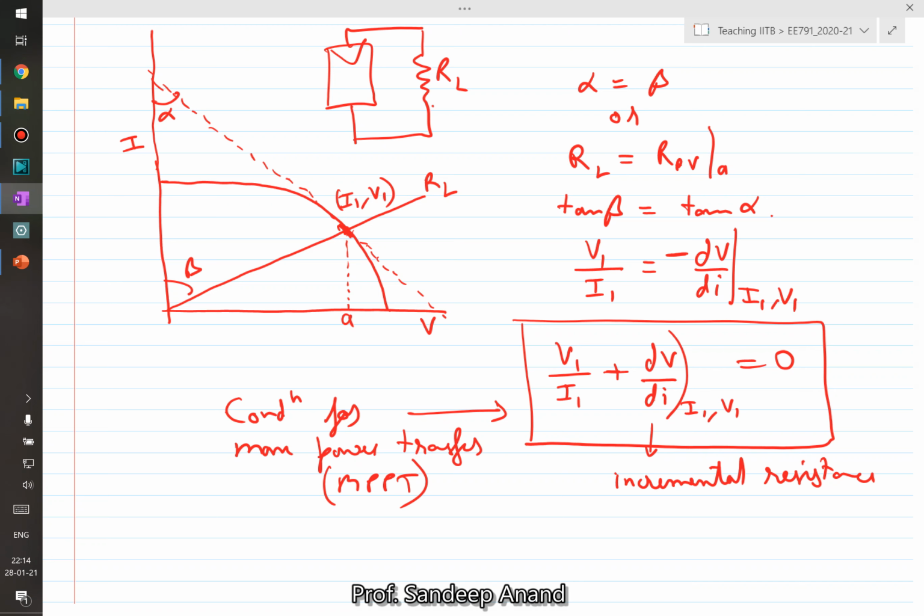In future we would be utilizing this condition to develop our control algorithms, so that we can reach this point A wherein alpha becomes equal to beta.